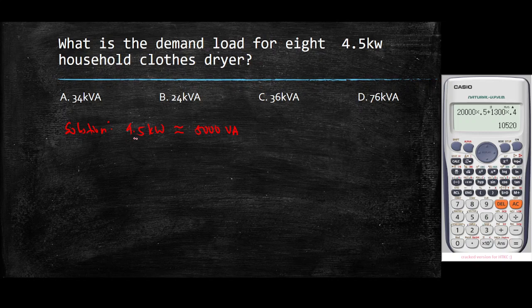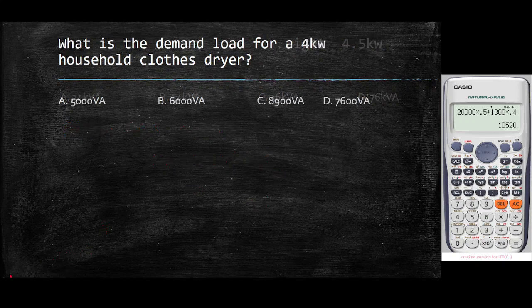Kasi ito yung pinaka minimum, hindi siya umabot sa minimum. So gagawin natin ngayon to solve for the demand load. We have 5,000 VA, tapos ilan sila? 8. So times 8. Tapos i-multiply natin kung ano yung percent doon sa ating table kanina.